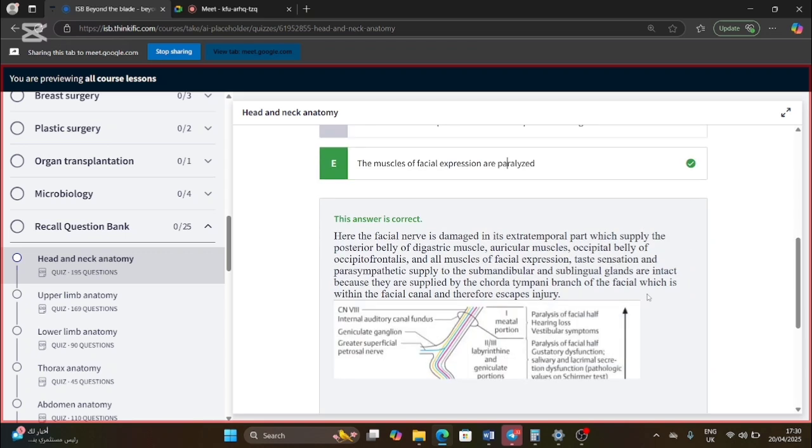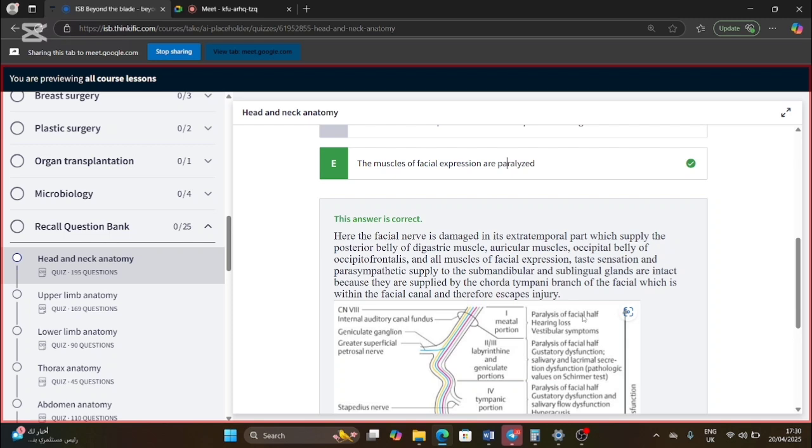Simply, when it is lacerated in its extratemporal part, that is, the part of the nerve outside the facial canal, most of the functions proximal to that will be spared, including taste sensation from the chorda tympani, lacrimation, and the greater petrosal.